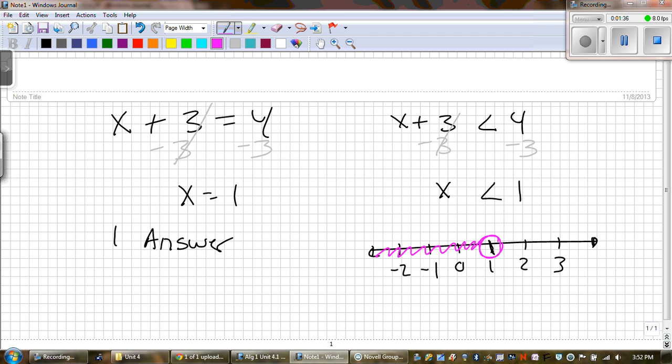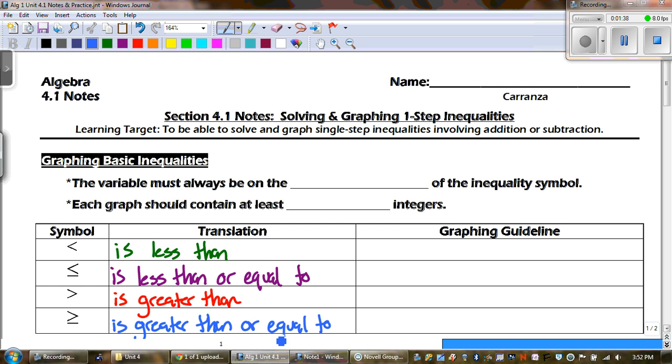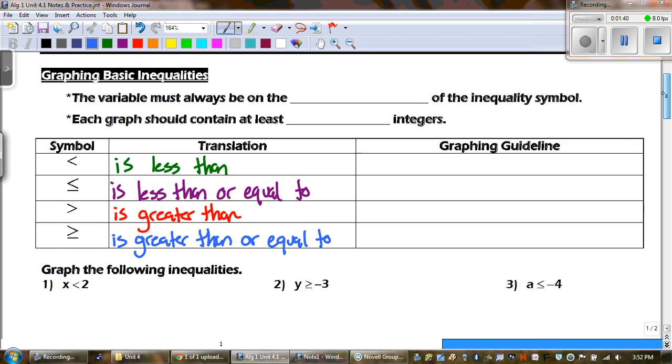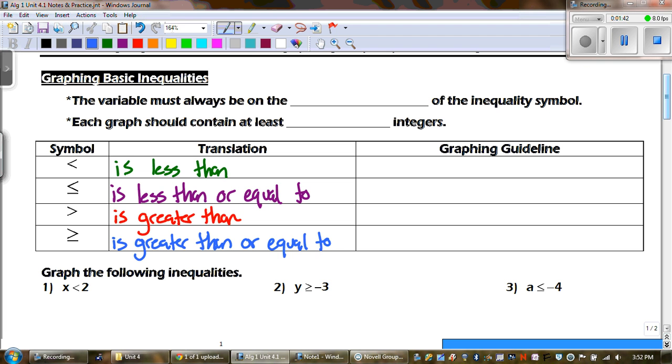Okay? So, a couple things that you need to know when you're graphing inequalities. The variable must always be on the left side of the inequality symbol. Okay? It's always got to be on the left side. No ifs, ands, or buts.